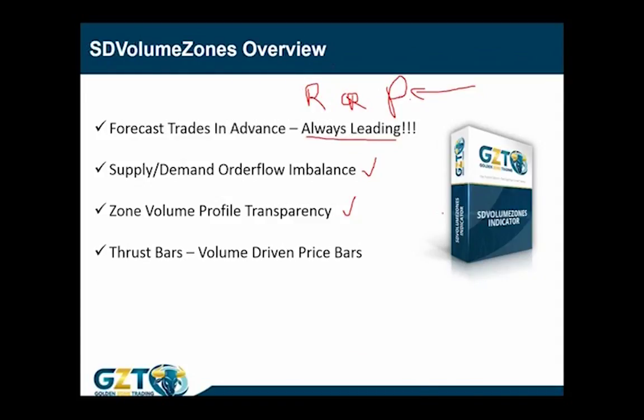Now, let me go one layer deeper in the onion, okay? Thrust bars was a design concept that we did to be able to give you the heads up. In trading, there's a lot of things called alerts or email notifications, or maybe a little audio symbol that flips on your screen saying, get ready, there's a trade happening, right? We have it built into the price bars.